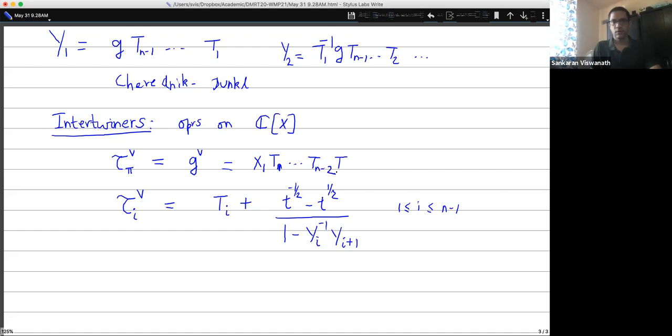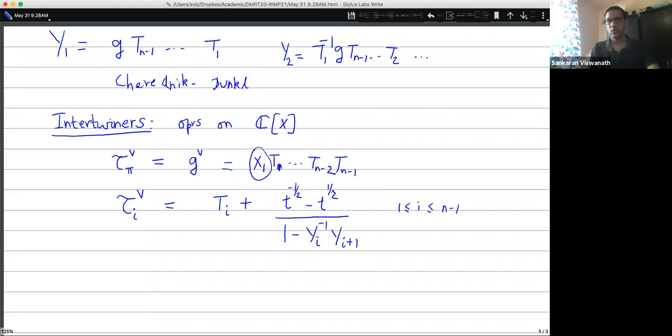So g check is really this operator on the polynomial representation, and the observation we made last time is that these tau_pi checks are the operators which increase the degree by 1, because of this x1 term in front. When it acts on some homogeneous polynomial of some degree, multiplication by x1 increases the degree. The action of the Ti's does not do anything to the degree.